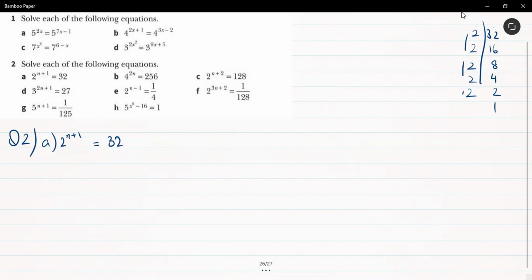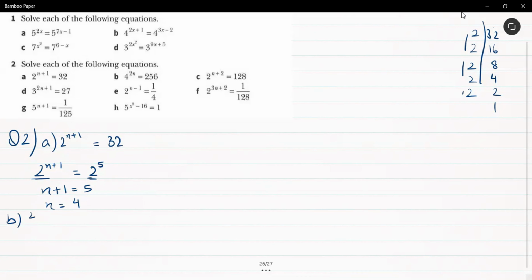So we have got 2 to the power n plus 1 is equal to 2 to the power 5. Okay. So again, 2 to the power 5 is equal to 32. So now the index values are the same. n plus 1 is equal to 5 and n is equal to 5 minus 1, which is 4. So that's it. That was it for part A.